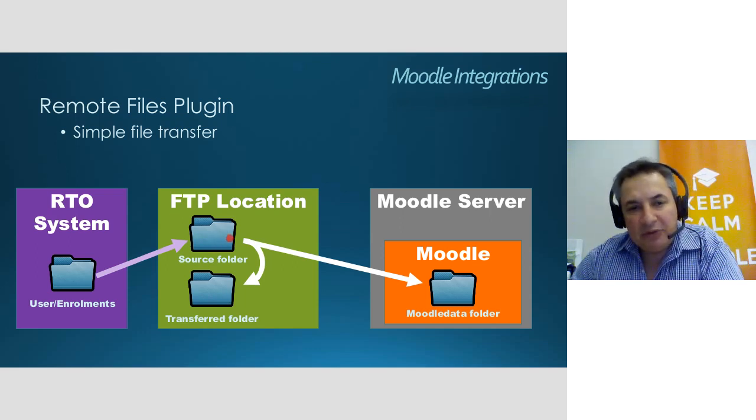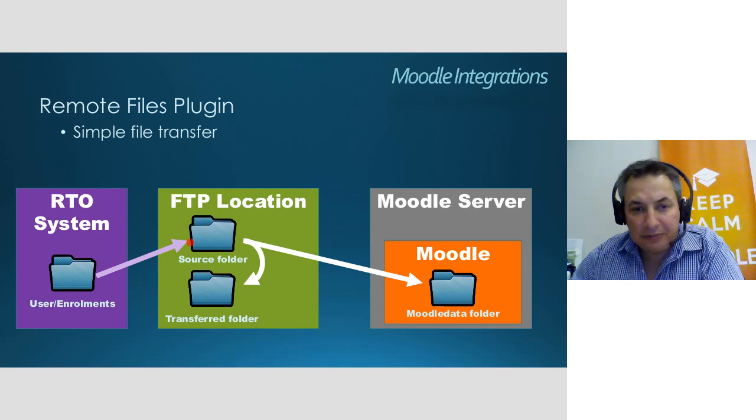The reason for that was because we also wanted a way of easily tracking what happened to a file. If all of a sudden records weren't being transferred across, we could quite easily go into FileZilla or something like that and have a look at this folder.